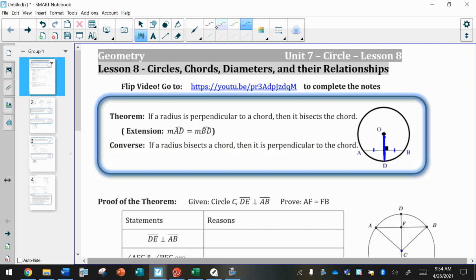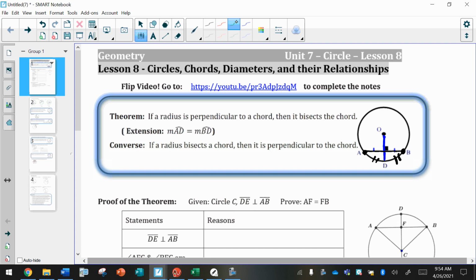So when the radius is perpendicular to the chord, it bisects that chord. It also bisects the arc created by the points where the endpoints of the chord are on the circle. So it bisects both the chord itself, and the arcs are equal.